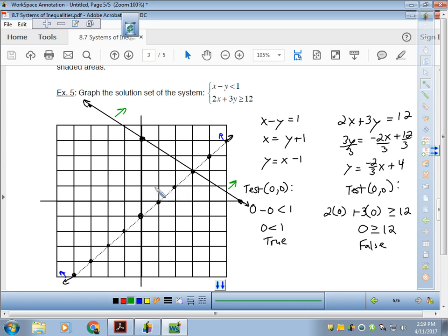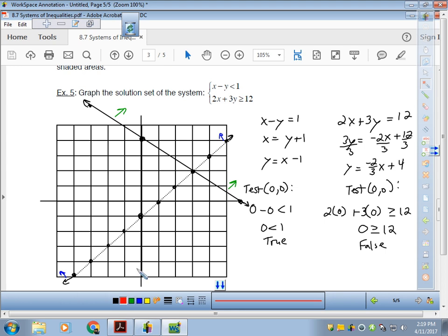So now I need to determine where is my area of overlap. Well, it's not going to be over here, because over here only the blue would be shaded, the green would not. It's not going to be down here because none of them would be shaded down here. It's not going to be right here because only the green would be shaded there, not the blue. It is going to be up here in this little corner.